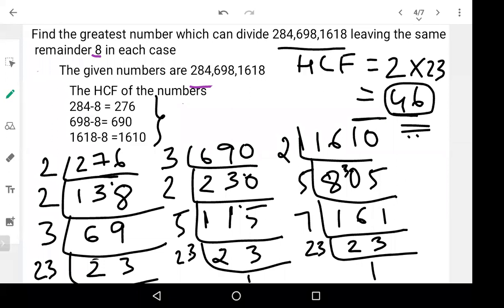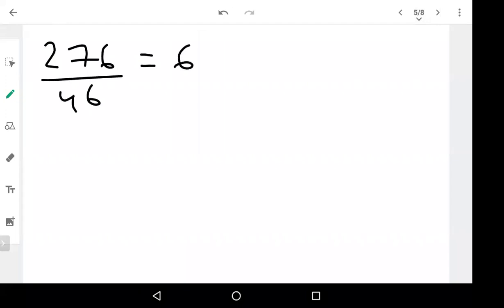If you see 276, I'll add another page. 276 by 46, how much do you get? 6. Then 690 by 46, how much do you get? Calculate. 15.